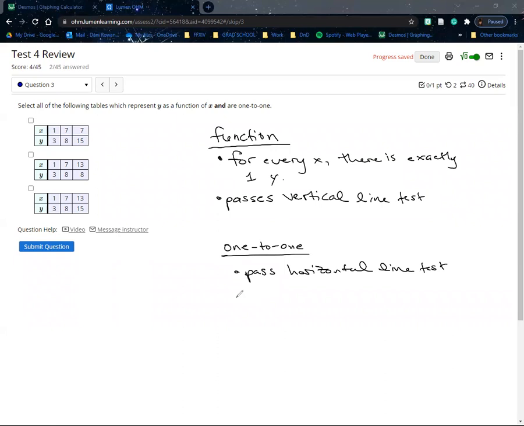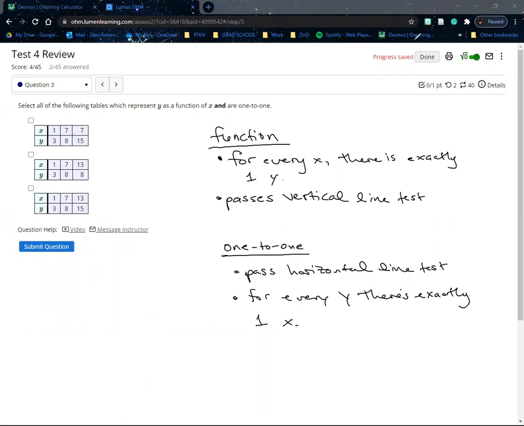Which is really just a fancy way of saying for every y, there's exactly one x, right? All right. Cool. So which of these tables represents that? The last one and the third one.